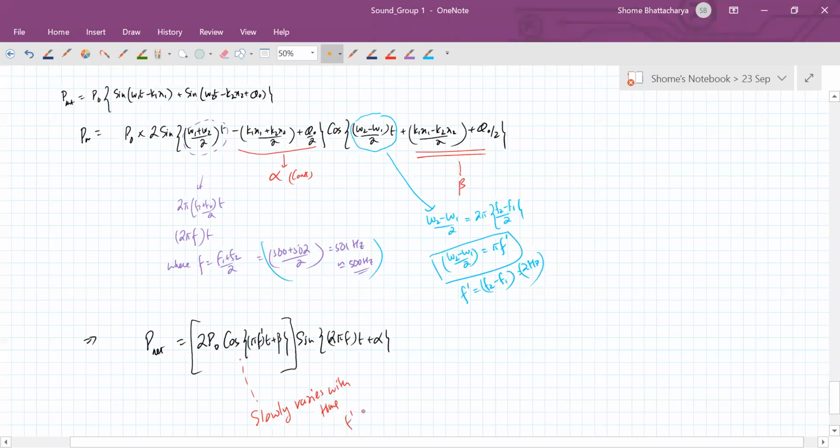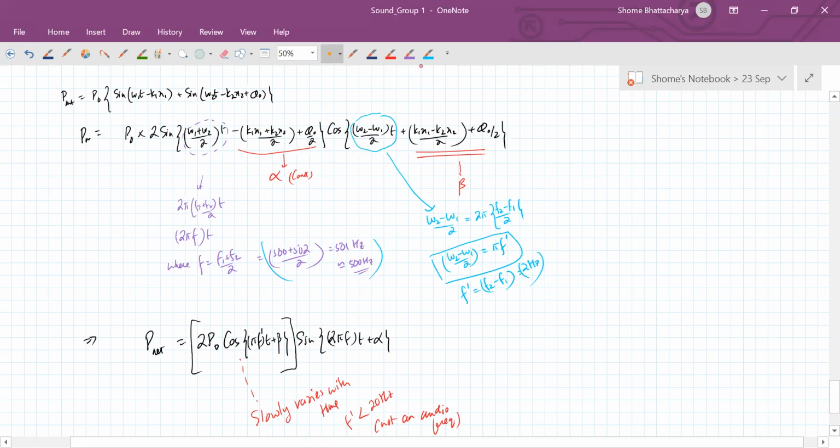That frequency f prime is not within the audio frequency range. It is less than 20 hertz. So it's not an audio frequency. It's a frequency of time dependence on amplitude. We'll come to that later.